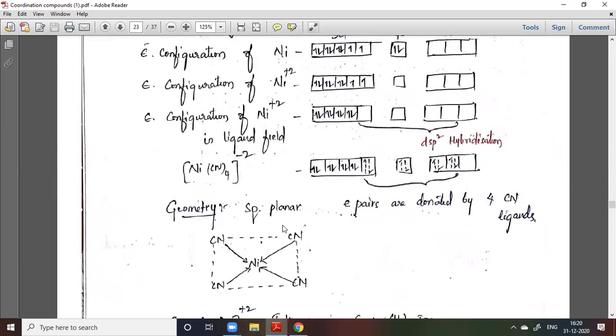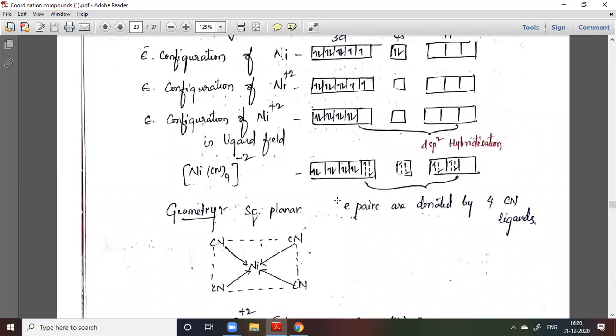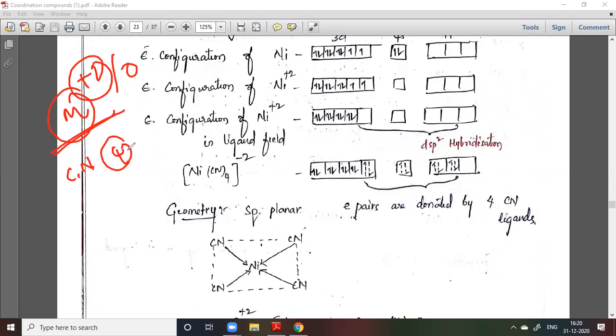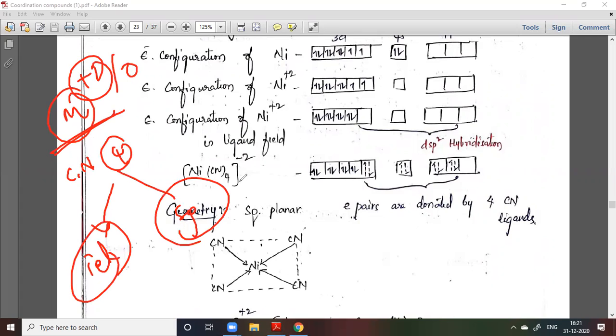That means you have to understand that whatever the metal may be, whatever may be the oxidation state, అది +2 or 0 ఏదైనా కావచ్చు, if the coordination number is 4, it may show both tetrahedral and square planar. అది square planar చూపెట్టొచ్చు, tetrahedral చూపెట్టొచ్చు.